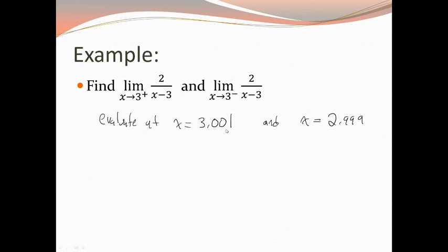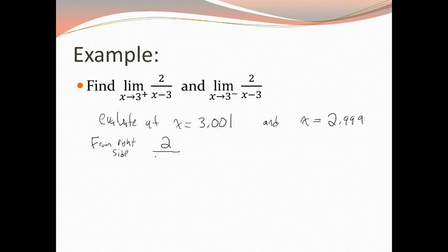So the first one, 3.001, this is x approaching 3 from the right side because 3.001 is to the right of 3. So from the right side, we get the following. And again, this is coming from the right side because 3.001 is on the right of 3.